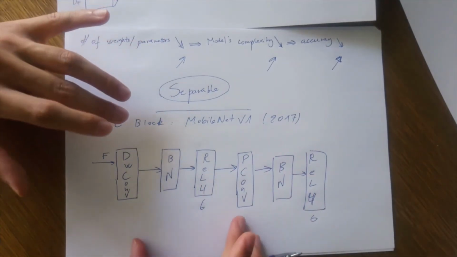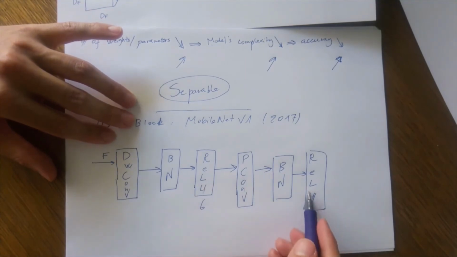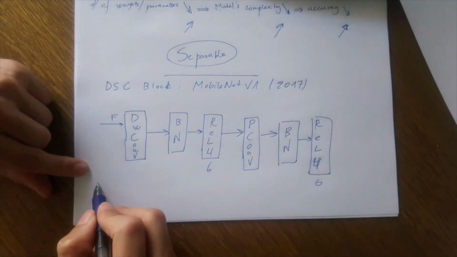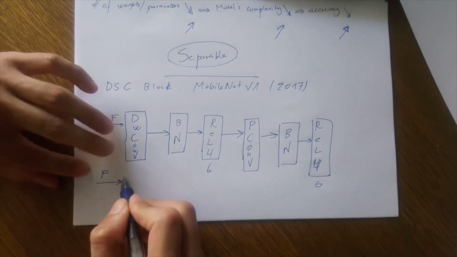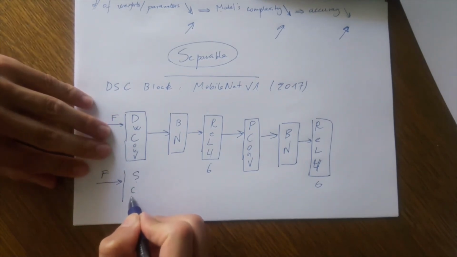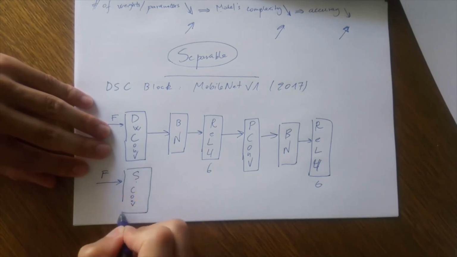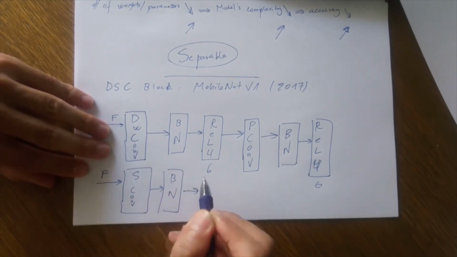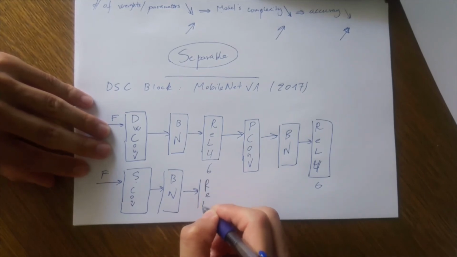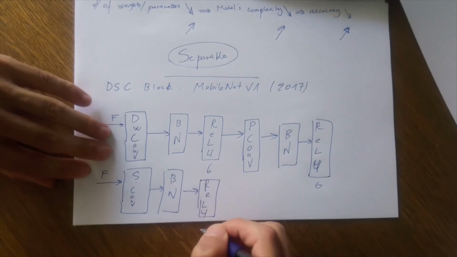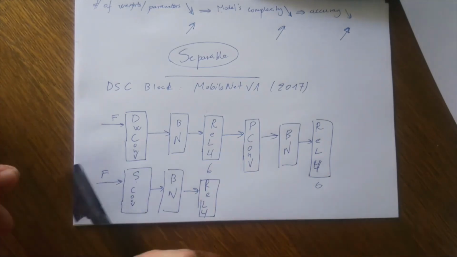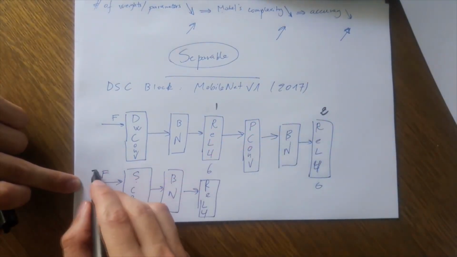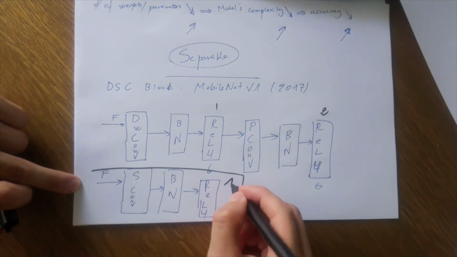So what's interesting here is that ReLU is applied twice instead of once. So in standard convolution, they just take the input f, they apply standard convolution, then they apply batch normalization, then they apply ReLU once. So here we have two ReLUs, the first ReLU and second ReLU, whereas in standard convolution we have only one ReLU.